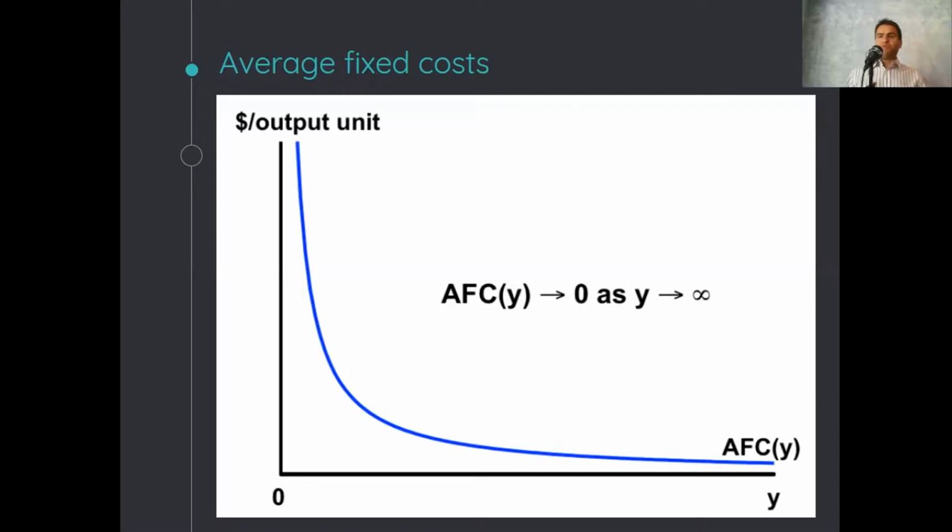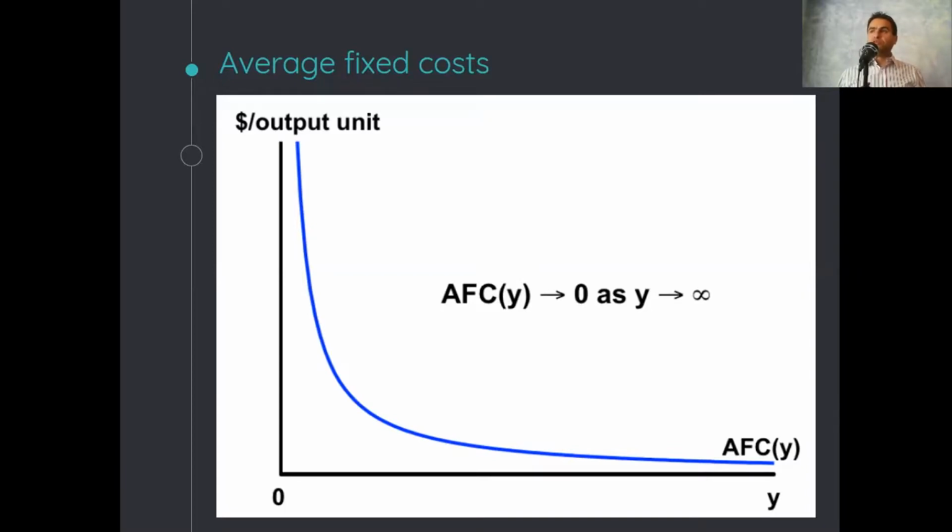But as you continue to produce and expand and grow, and you produce more and more units, most of the total cost will be comprised of the variable cost. So the average fixed cost gets divided by a huge number instead of a small one. You're not producing 10 units anymore. You're producing 1 million units or whatever. So obviously, the average fixed cost starts to decrease and shows this pattern as the graph shows you.